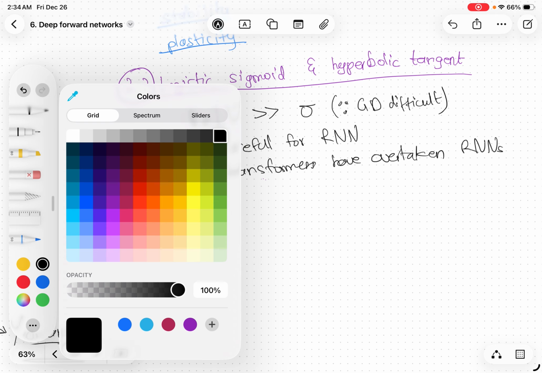The book also discusses some other hidden units, like radial basis function.